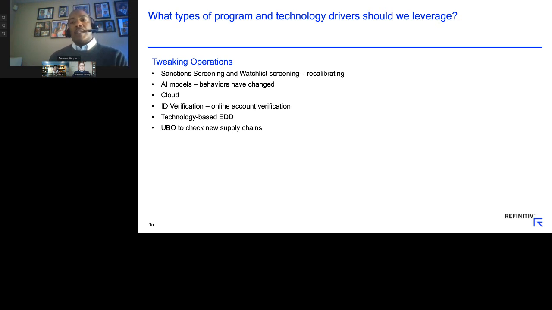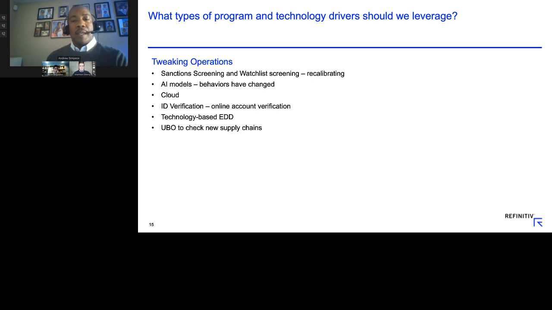In North America, you can validate somebody's address quite easily. In some developing countries, it doesn't work like that. Governments are going to have to figure out how they're going to handle that. But ID verification and doing all the virtual onboarding, as Matt said, is going to be really key.